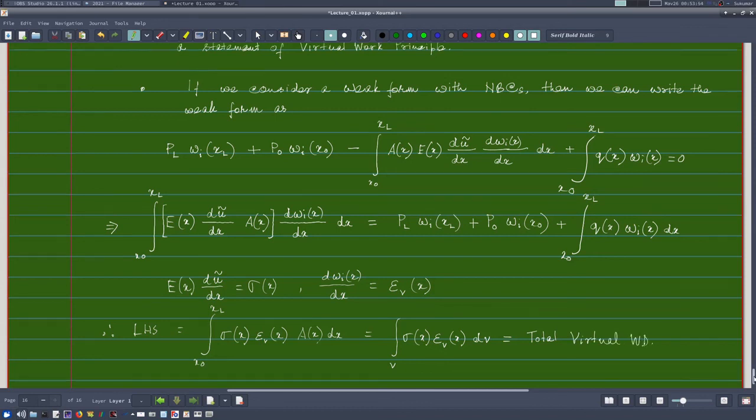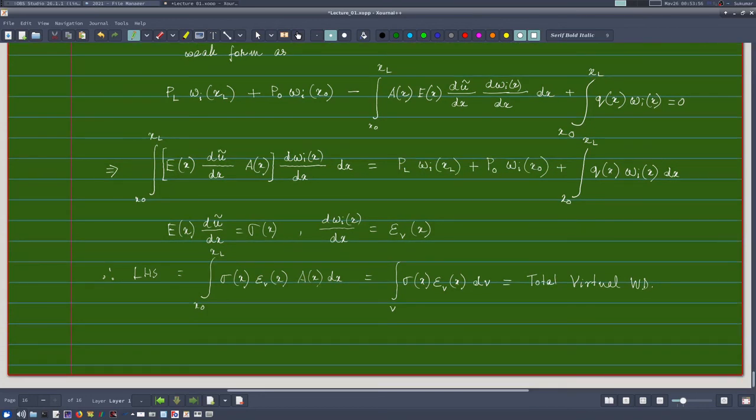Now what is meant by the right hand side then? This is force into virtual displacement. This is also force into virtual displacement. And this is also integration of the surface force into virtual displacement. So this is my work done by the externally applied forces over the virtual displacements.